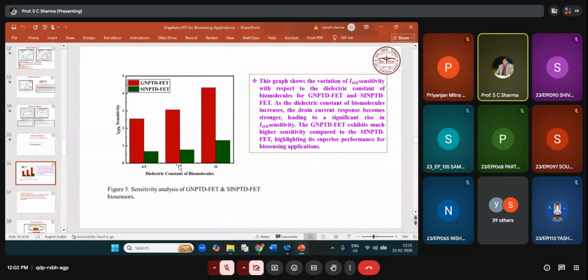Now come to this, this is 22, HS578T, and this is graphene based and this is silicon based. Then come to T47D, permittivity 32. So this is graphene based, this is silicon based. So we can see the sensitivity also increases with the increasing permittivity of biomolecules. Okay.